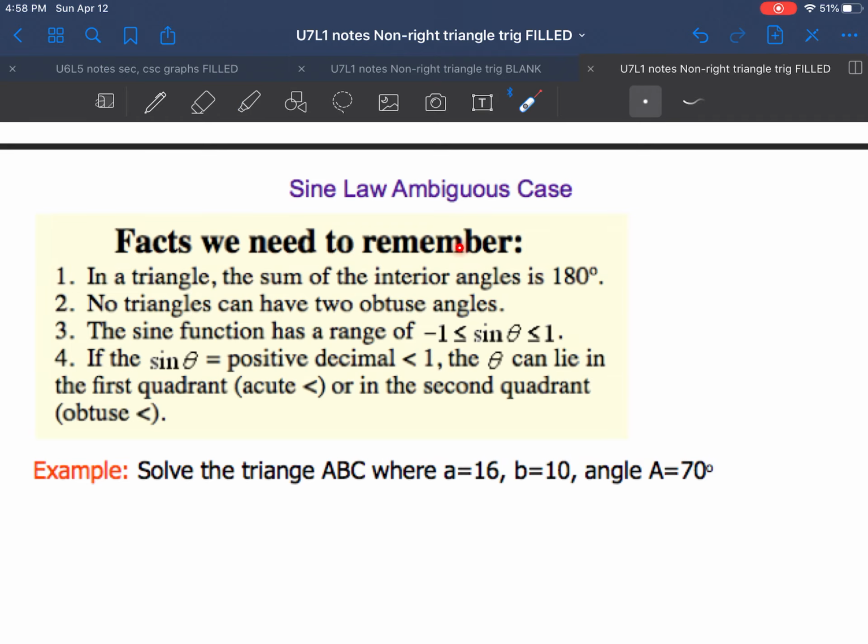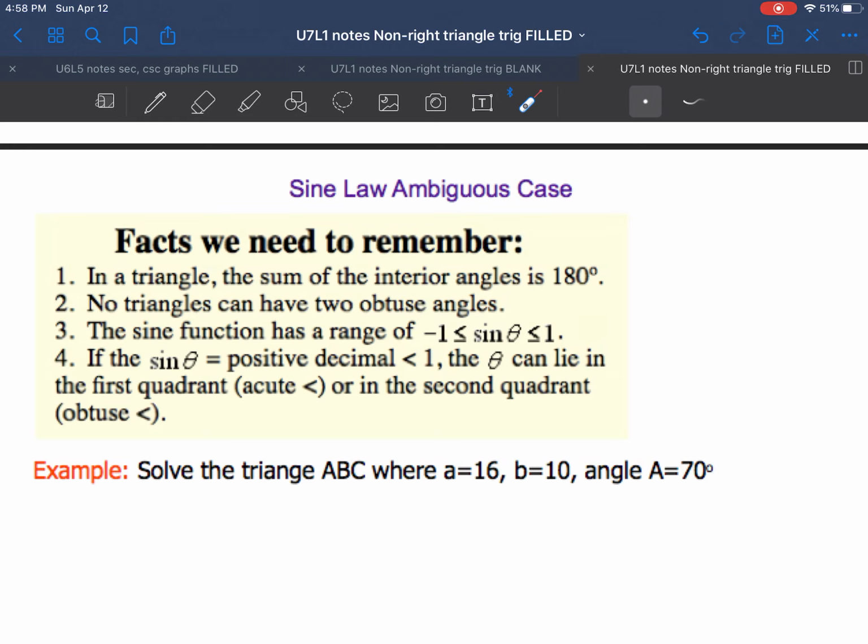Some things that we need to remember to actually figure out how to solve this. In a triangle, all the interior angles have to add to 180. That's the first thing. No triangle can have two obtuse angles, because those two would add to be bigger than 180, and that can't happen. The sine function has a range of -1 to 1.